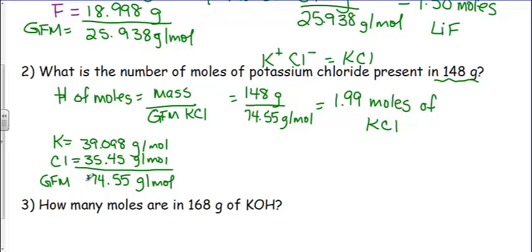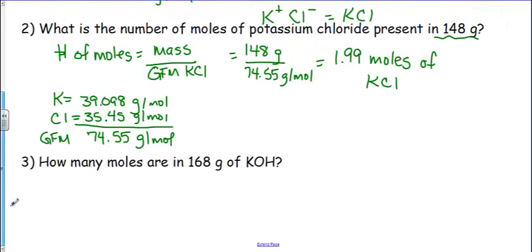I add that up. I get my GFM, and then I plug that into the equation. And that's going to be the denominator here, 74.55. Now, when we divide, remember, least number of sig figs, so that would be 3. So our answer has to be rounded to the third place here, which would end up as 1.99 moles of KCl. Number 3, so again, pause the video, try to do this yourself, and then you can check as we go.